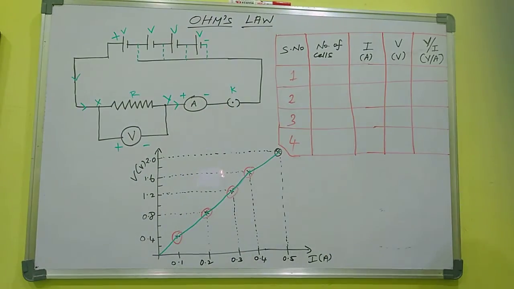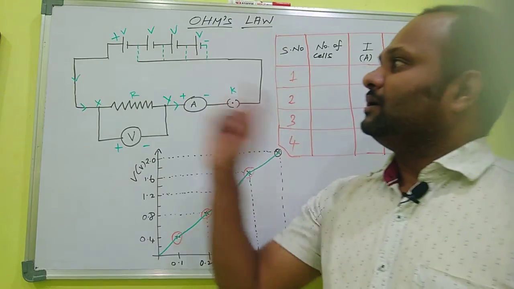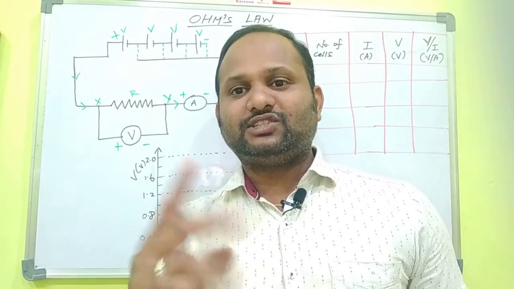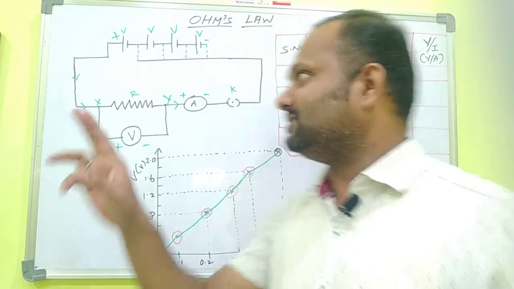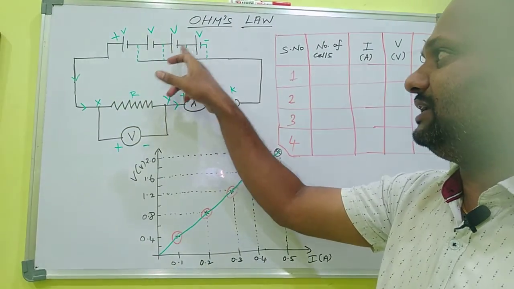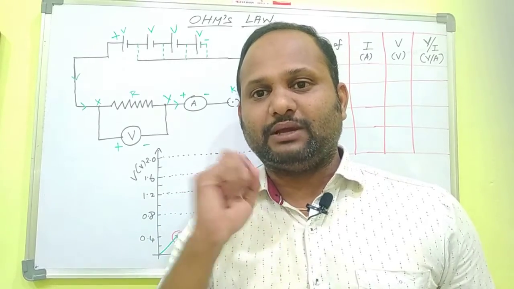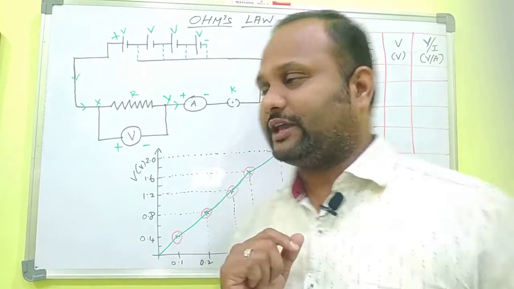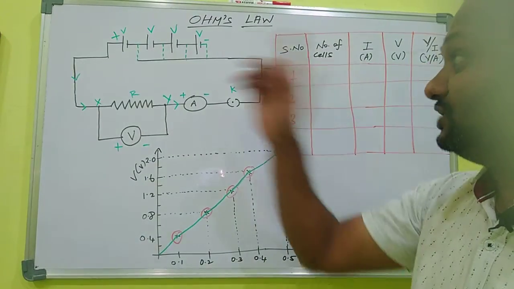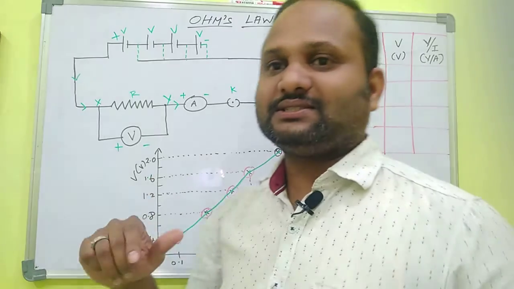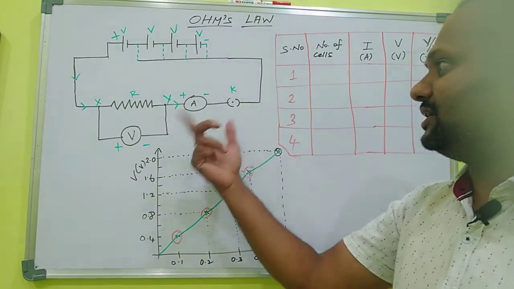In this activity, we are taking four cells which are 1.5 volt each. This is cell number 1, 2, 3, 4. Each cell consists of 1.5 volt. And we are taking one resistance, ammeter, voltmeter, and key.